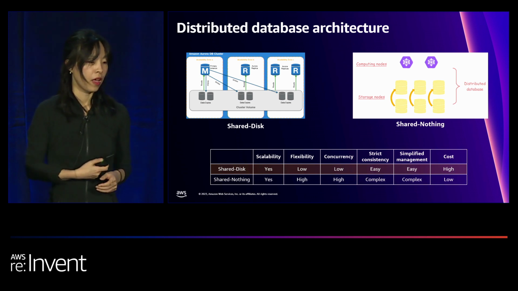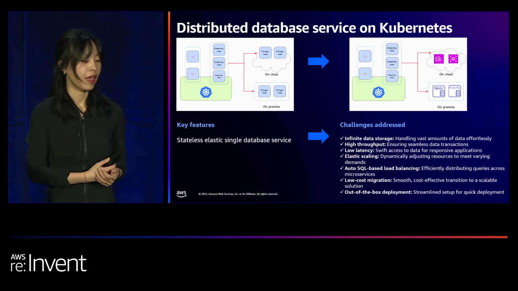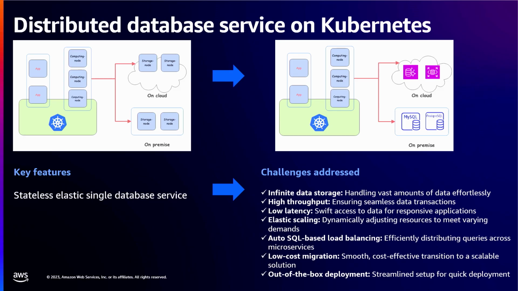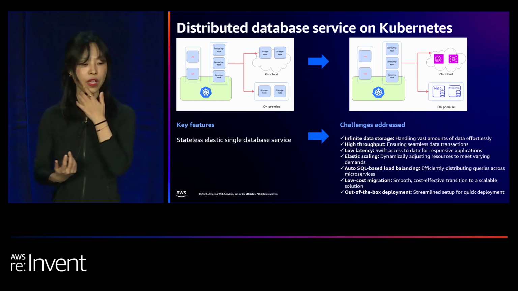Yeah. And now I consider that if we want to provide such a stateless single database service for our applications living in Kubernetes, maybe the question becomes, could we just integrate the shared nothing database architecture into our Kubernetes? Because Kubernetes strives to manage stateless services, right?